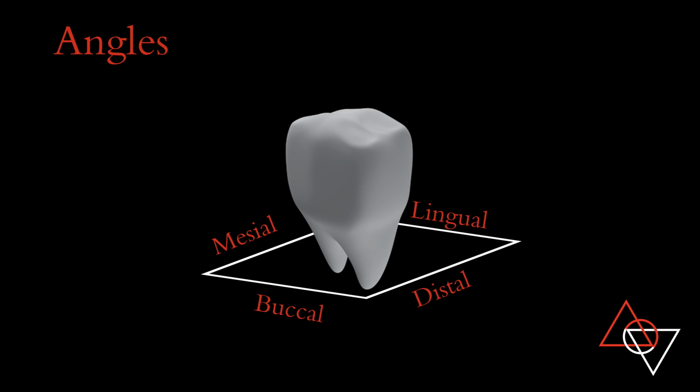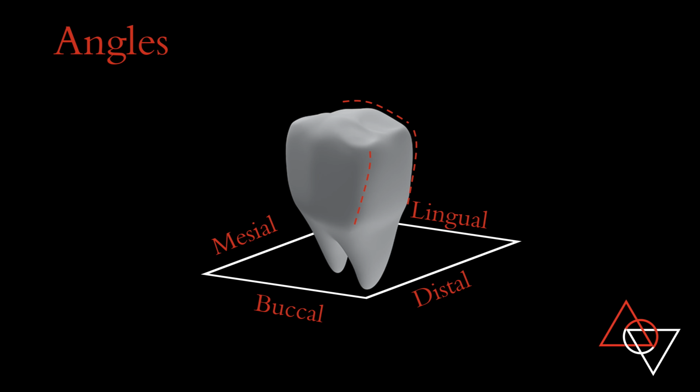Now, the place where two surfaces meet is called an external line angle. Here is one external line angle, and this is the bucco-distal. Here is another, and it's distal-lingual. And here is another, which is where the occlusal surface meets the lingual surface.